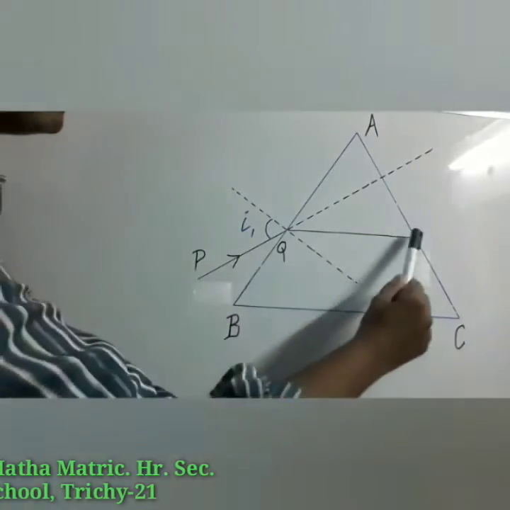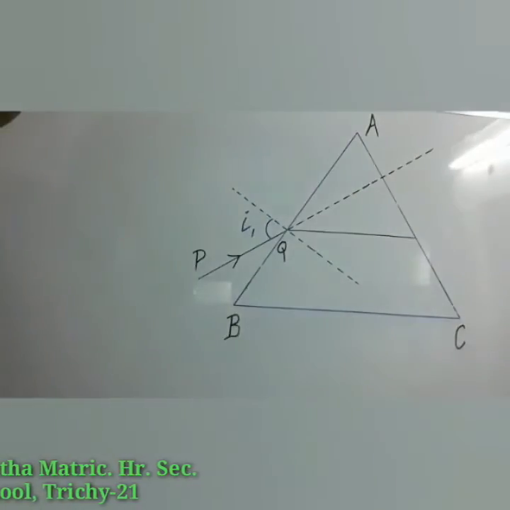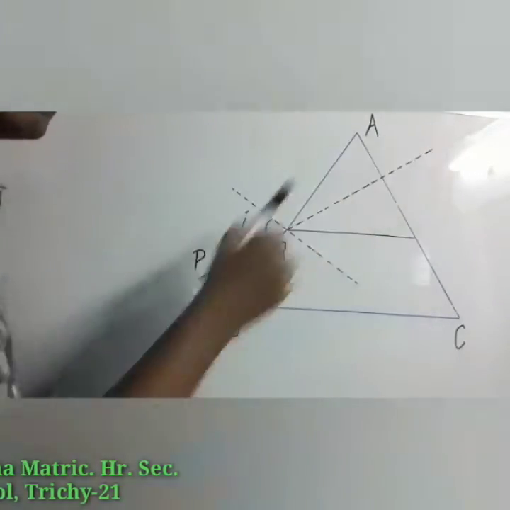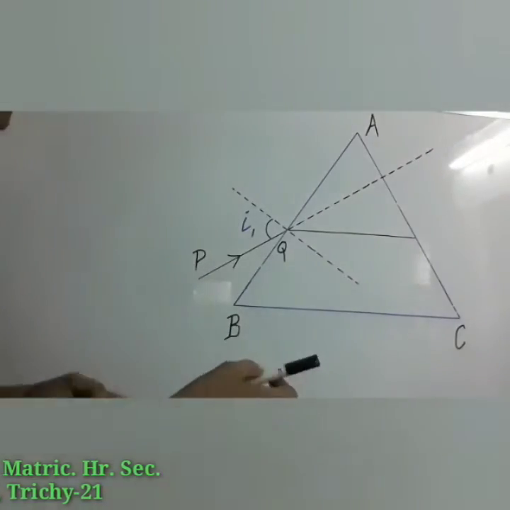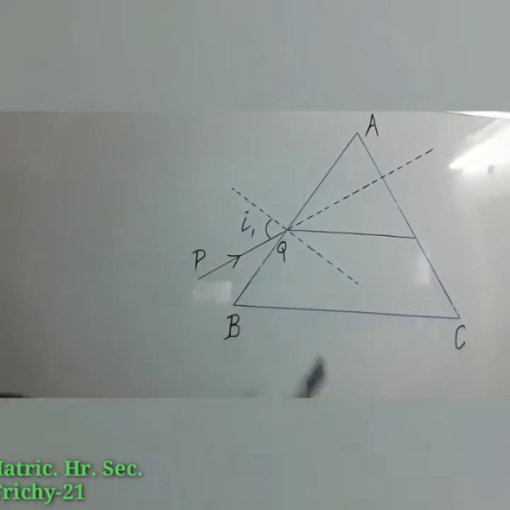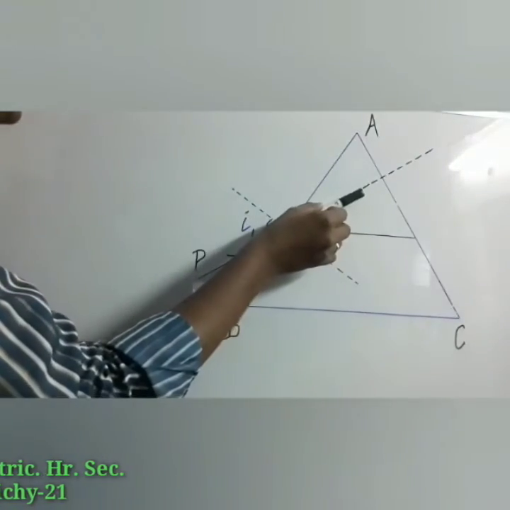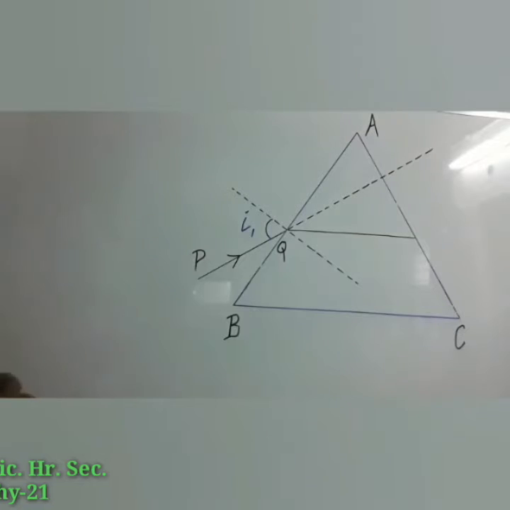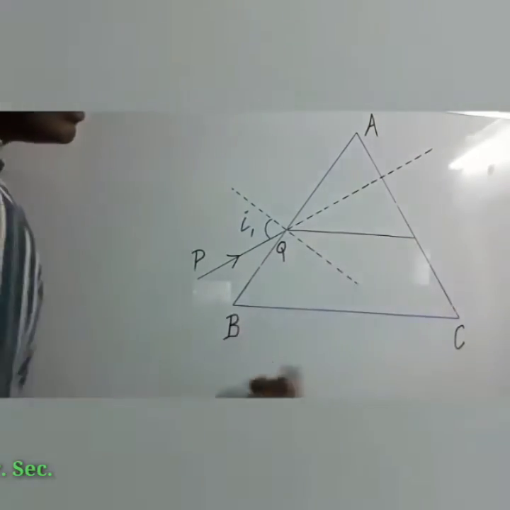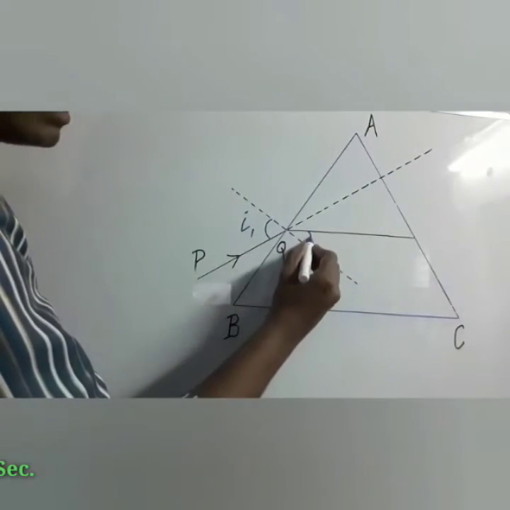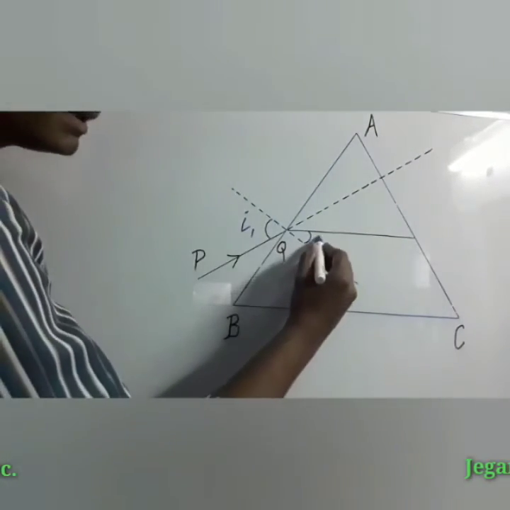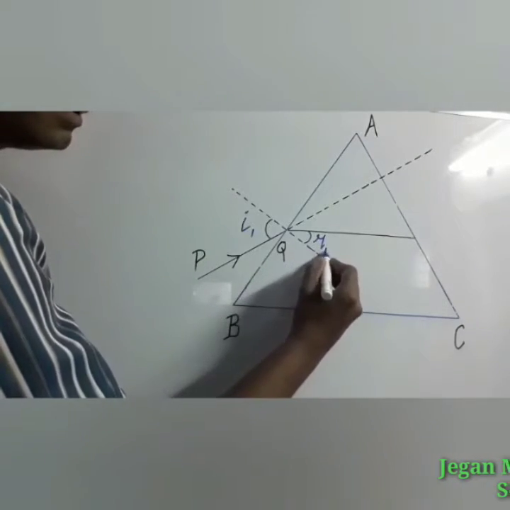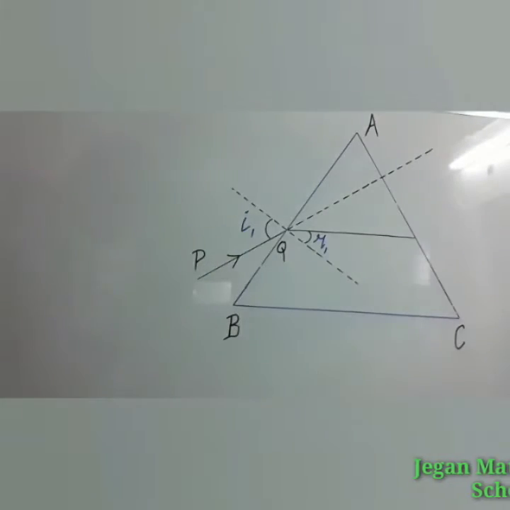Here I have drawn the refracted ray. So this dotted line represents the undeviated ray, but in the presence of the glass prism, that ray is deviated. Now we can represent the angle of refraction. The angle between the refracted ray and the normal is known as the angle of refraction. Let us take that as R1.